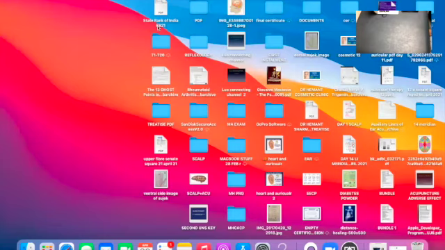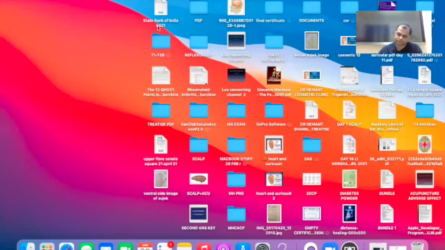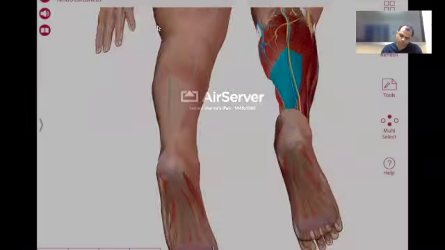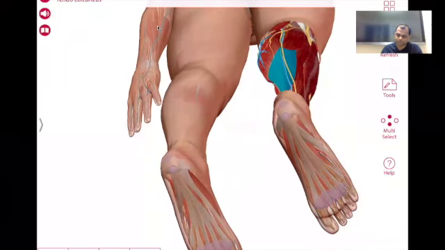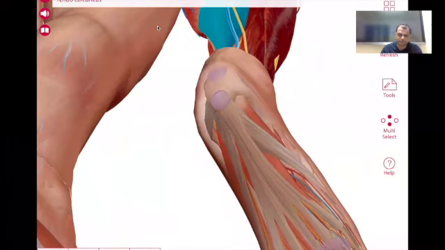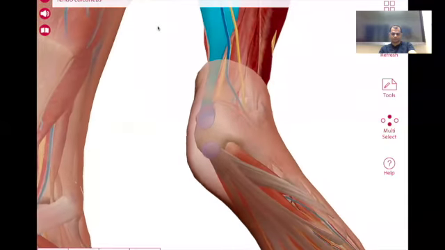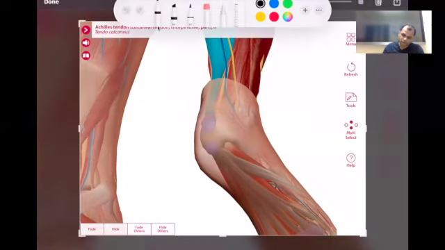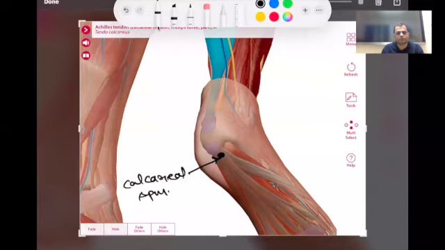So let's write down all the causes, then we'll proceed. So the cause number 1 of the heel pain is calcaneal spur, the growth of the calcaneum bone.